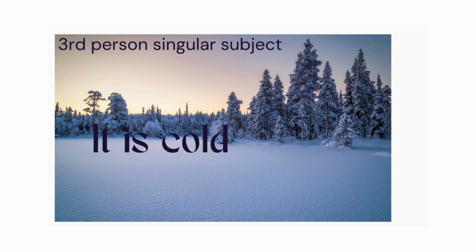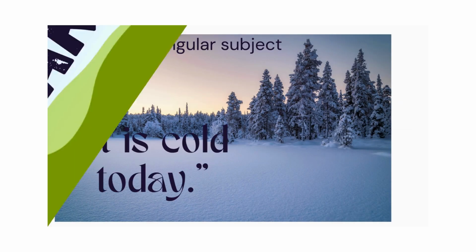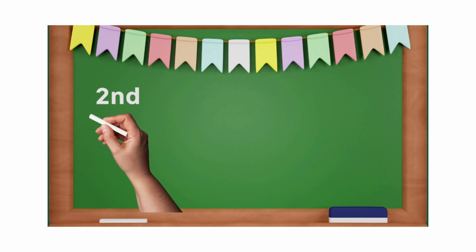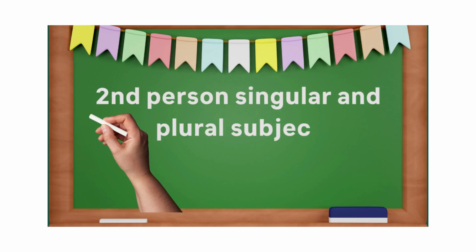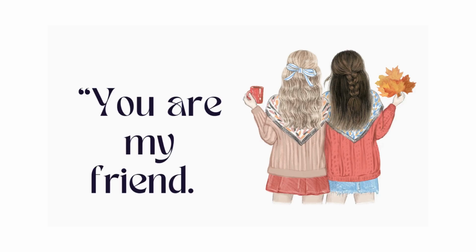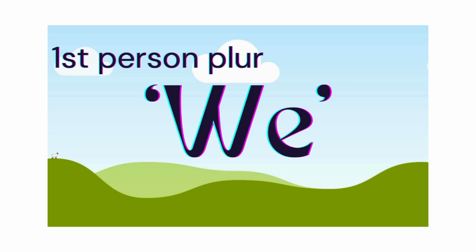It is cold today. And the last of them is are, which is used with the second person singular and plural subjects. You are my friend. Are is also used with the first person plural subjects, we.